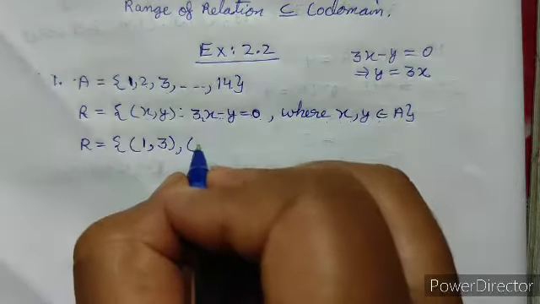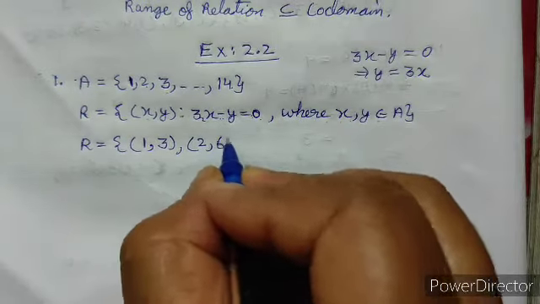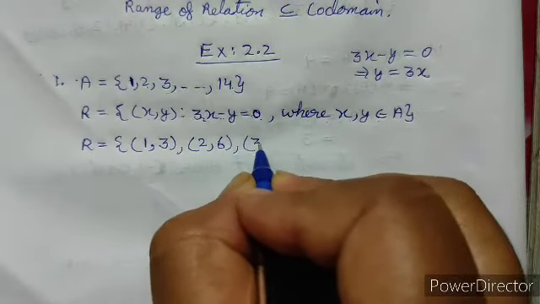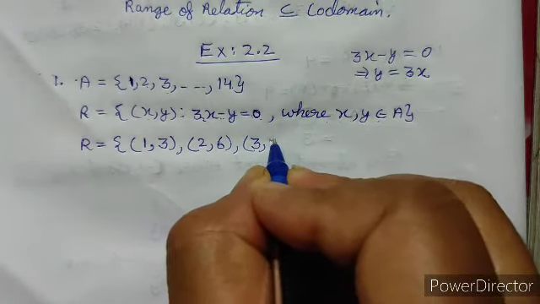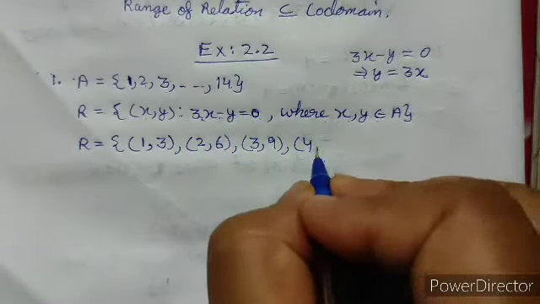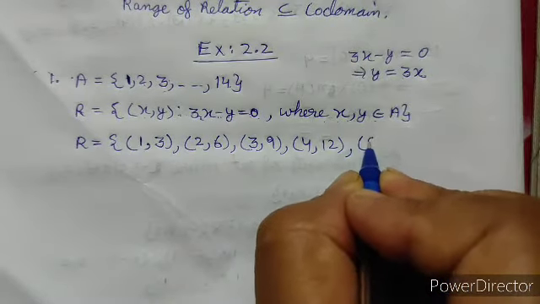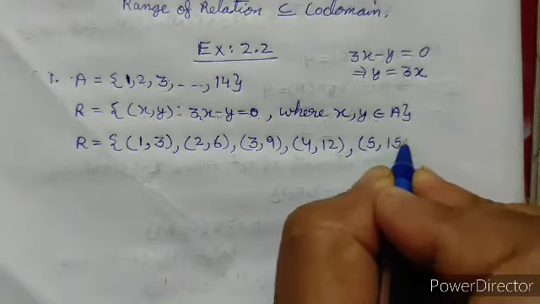Now the second element of A was 2. From this y will be equal to 6. The third element is 3, and that will give y equal to 9. The fourth element will be 4, and this will give y equal to 12. And 5 will give us y equal to 15.